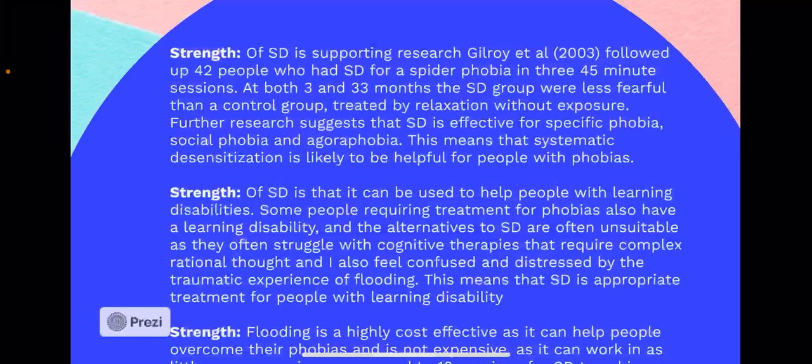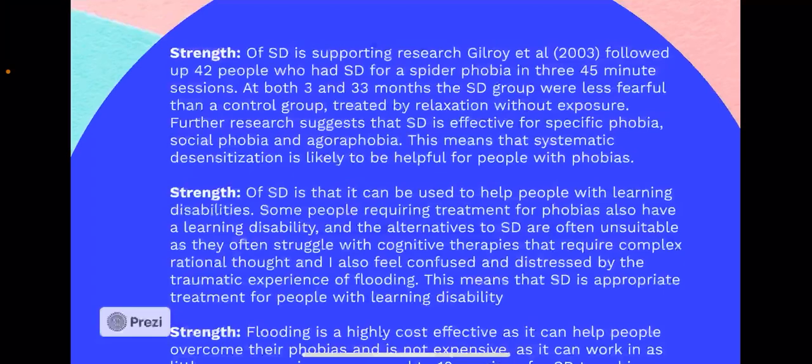You can also use this idea of systematic desensitization being a good and effective treatment to evaluate the behavioural explanation, because if systematic desensitization works, then it supports this idea that the behavioural explanation is an appropriate and valid explanation for phobic disorders.